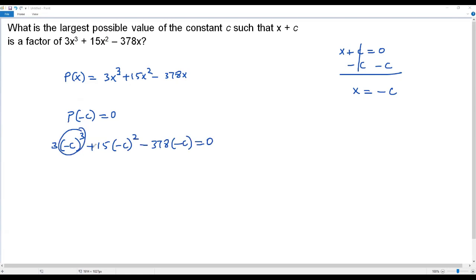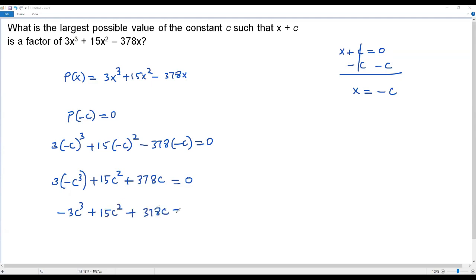The evaluation of (−c)³ is still −c³ because we have an odd exponent, so the negative remains. Here we have an even exponent, so the negative becomes positive, giving c², and negative times negative becomes positive 378c. Multiplying 3 and −c³, I get −3c³ + 15c² + 378c = 0.